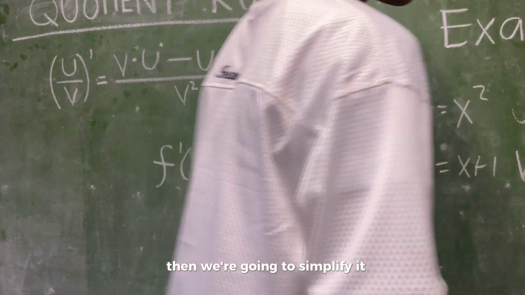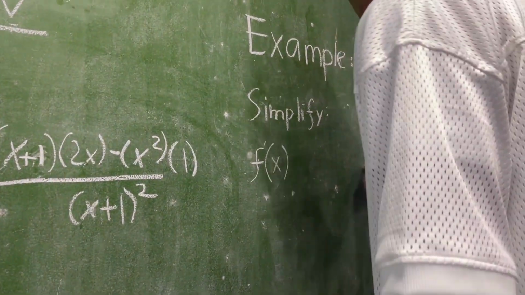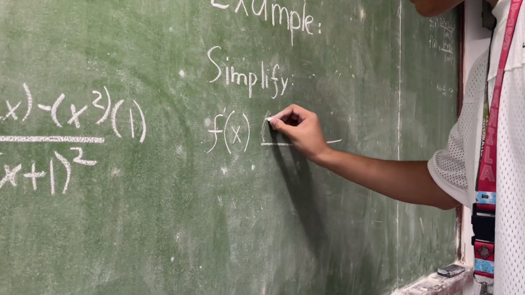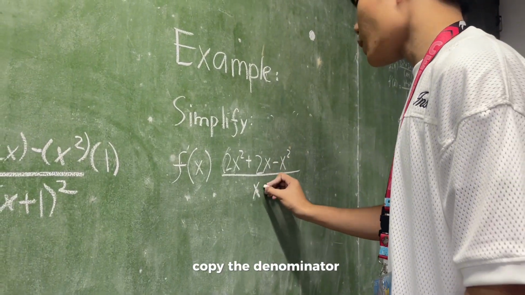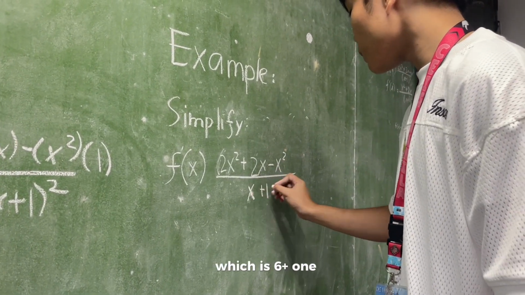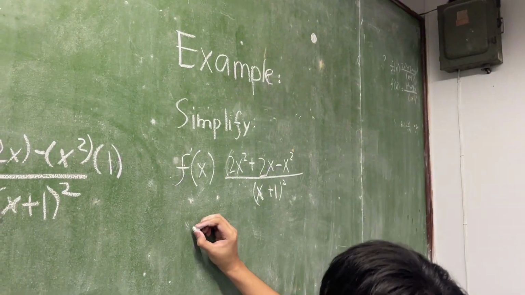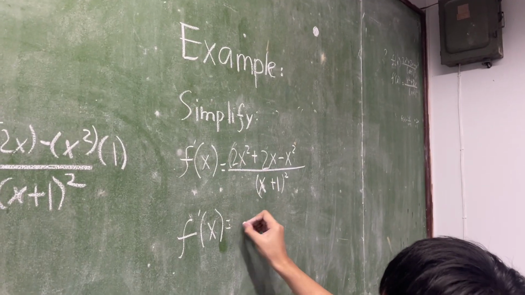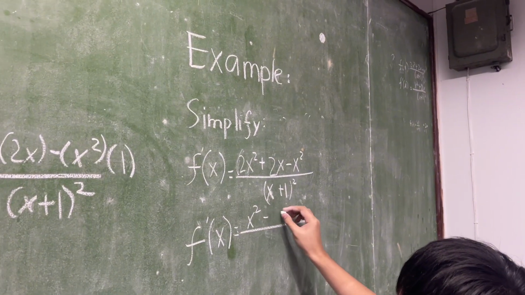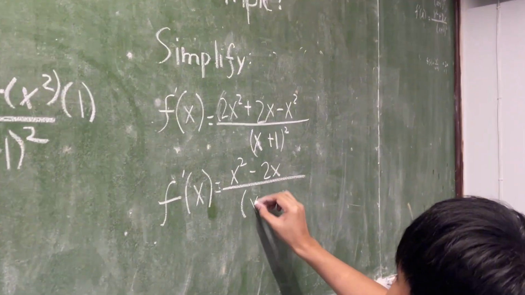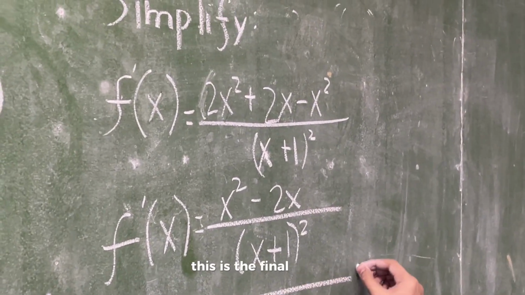Then we're going to simplify it. Copy this denominator, x plus 1 squared. This is the final answer.